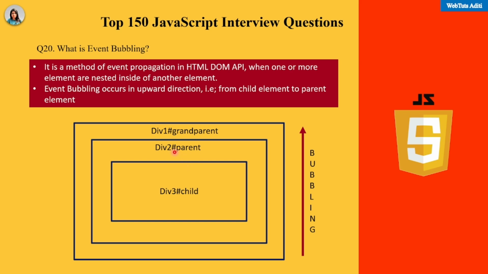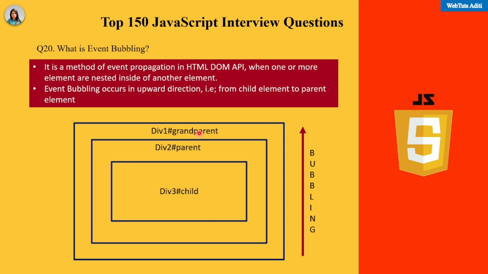Suppose I have these 3 div elements in the HTML file. If I click on the child div, it should bubble up. Event bubbling means it executes from the child to the parent.